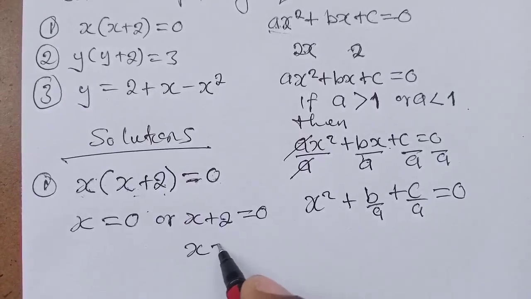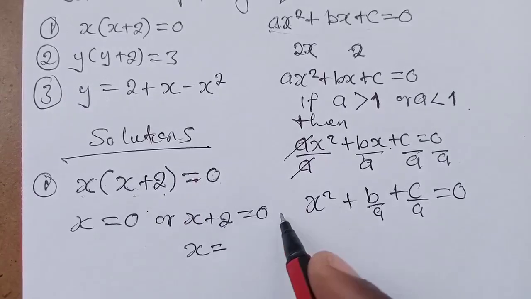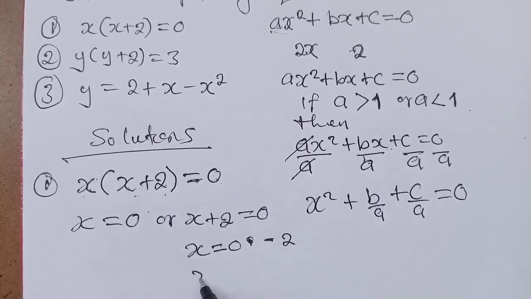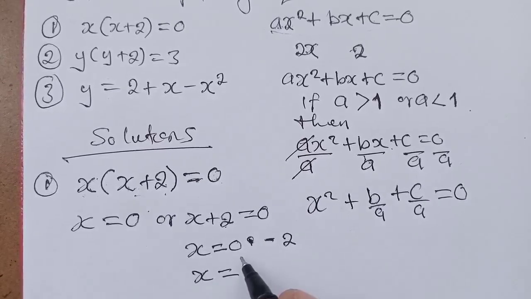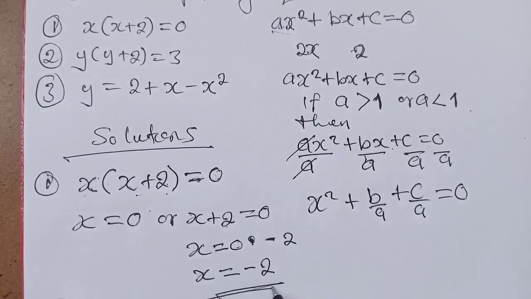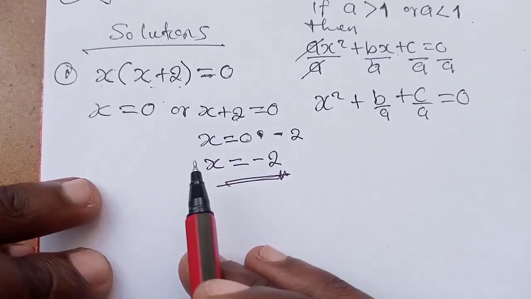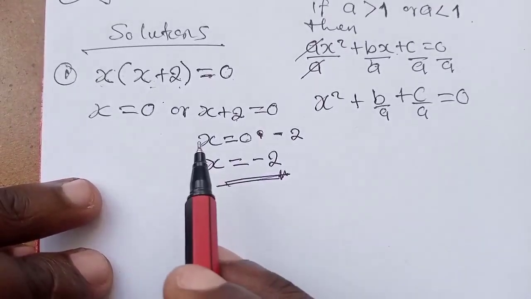Then x is equal to... when the 2 moves to this side, it becomes negative, so it will be minus 2. Then x is equal to 0 minus 2, which is just negative 2. As simple as that. So this is how you solve this kind of equation.